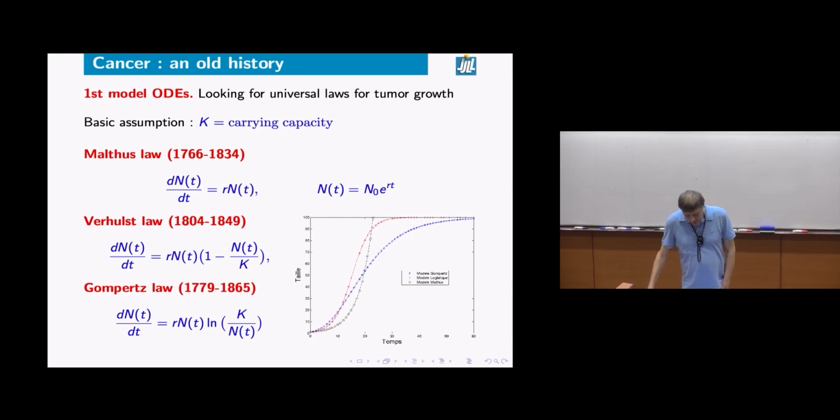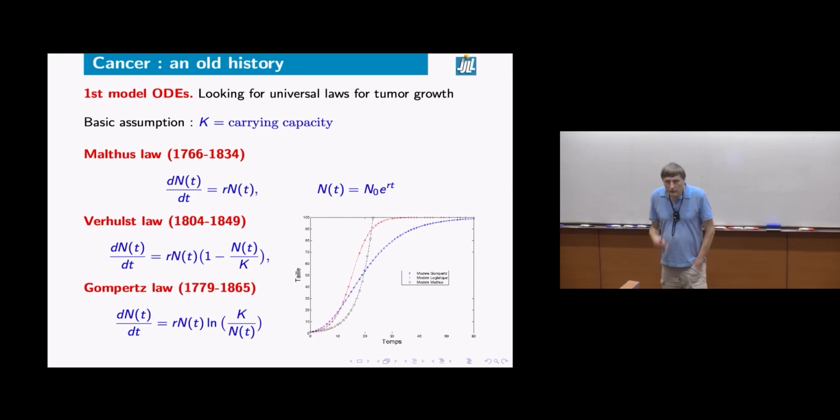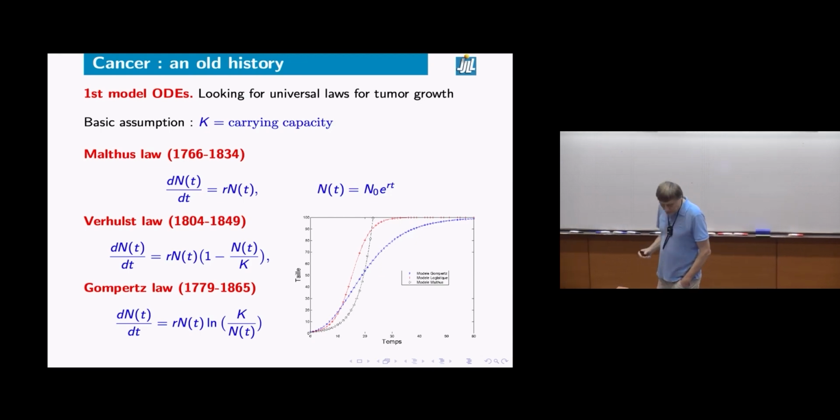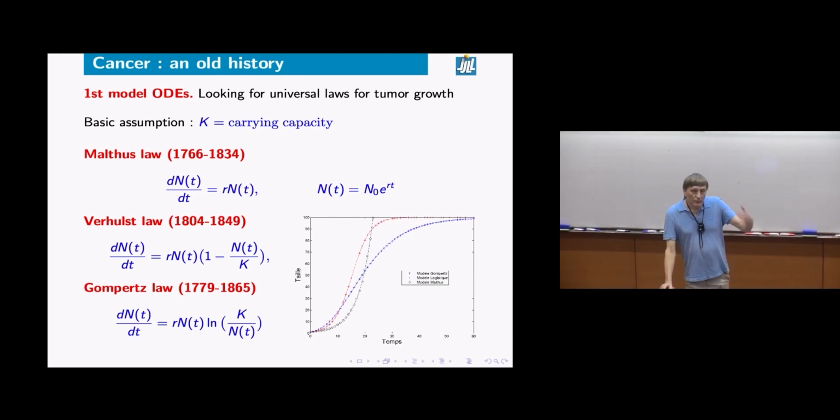So the first idea you could say is that each cell has a rate of division, which is given by this parameter R. And you could say each cell will divide with this rate, and then you grow with an exponential. So very quickly, you understand that this cannot be true, because exponentials are growing extremely quickly.